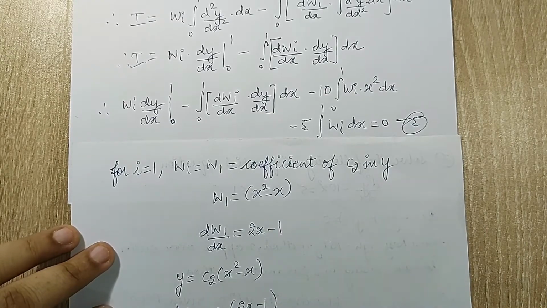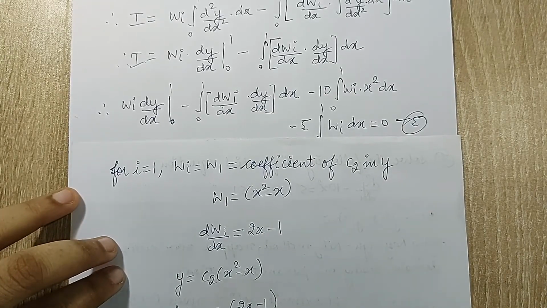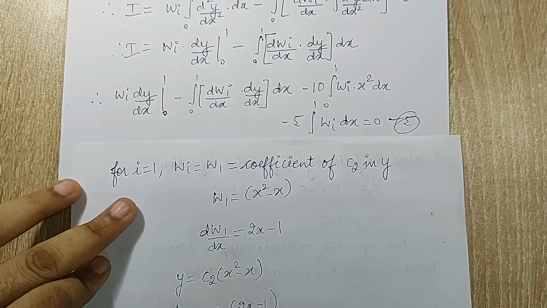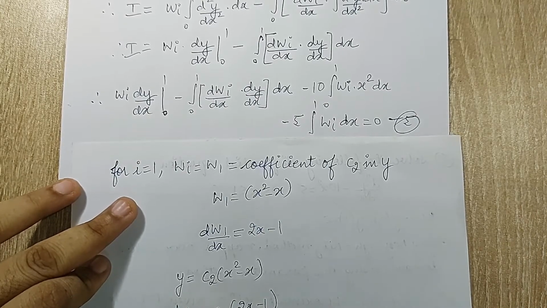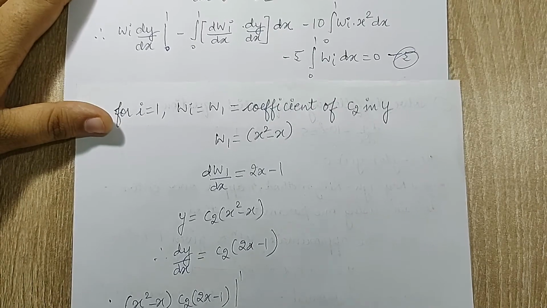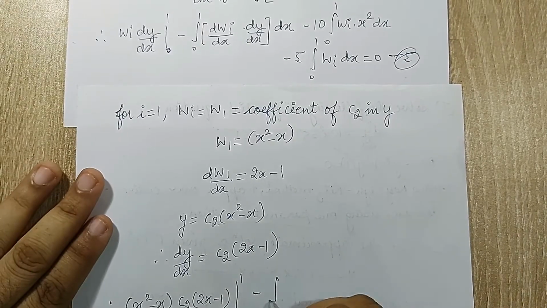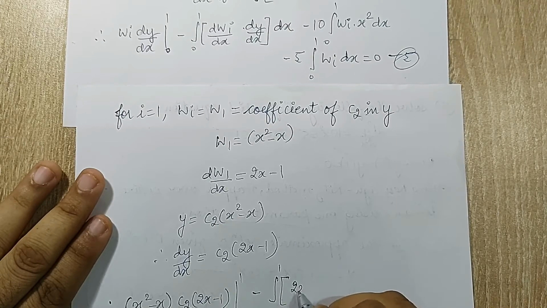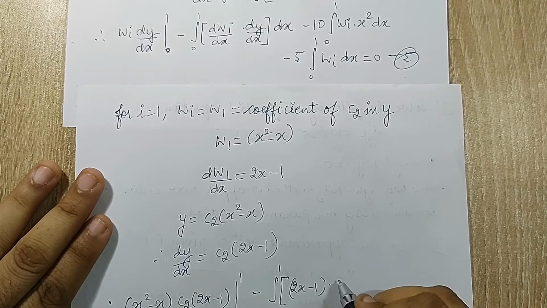Now I can substitute all the terms in this equation. Therefore I get w1, which is x square minus x, into dy by dx, which is c2 (2x minus 1), from 0 to 1. Next I'll have minus integration 0 to 1 dw1 by dx, that is 2x minus 1, into dy by dx.